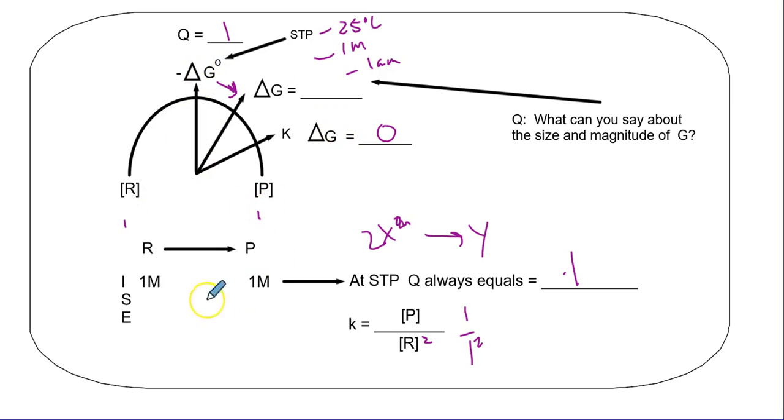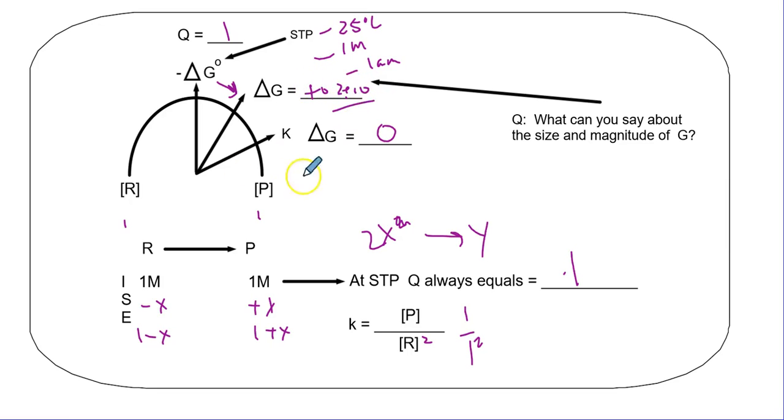When we start losing reactant, gaining product, we're no longer at 1 molar anymore. So we're no prime anymore. Okay, so you always want to keep in mind as we go from prime, and no matter what, as delta G moves spontaneously, it approaches 0. Okay, this guy goes to 0.